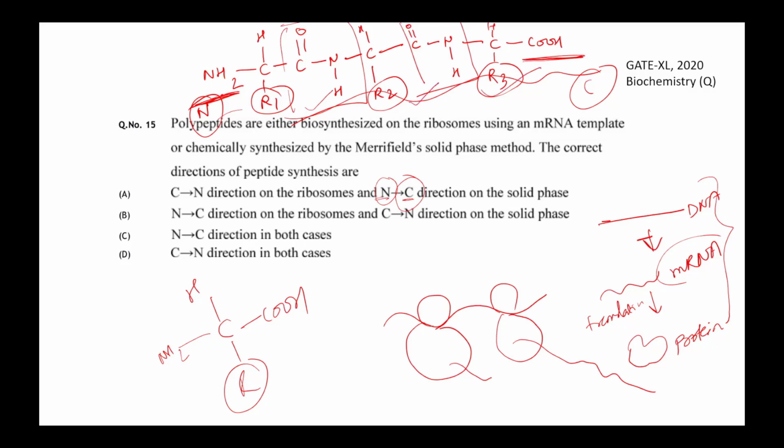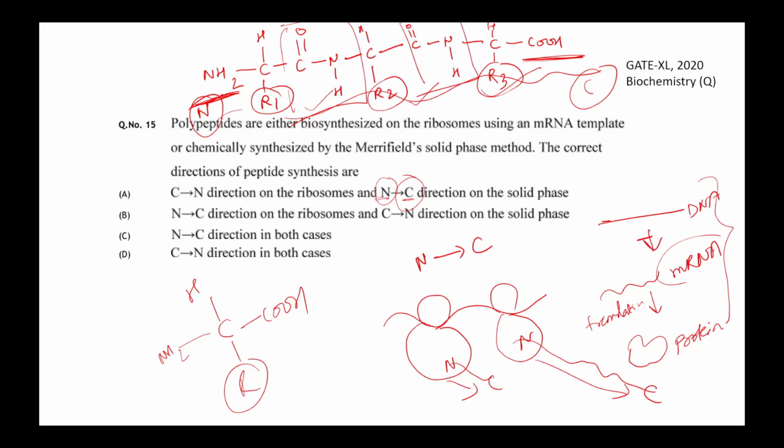So polypeptide synthesis takes place from N to C direction in the ribosome machinery. N to C, N to C. One by one amino acids are being added, making the peptide bond.